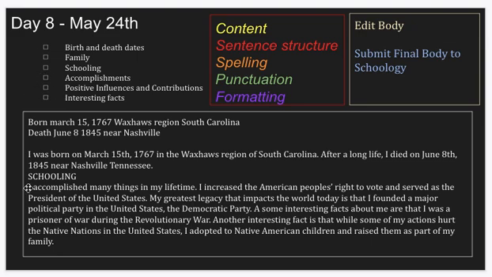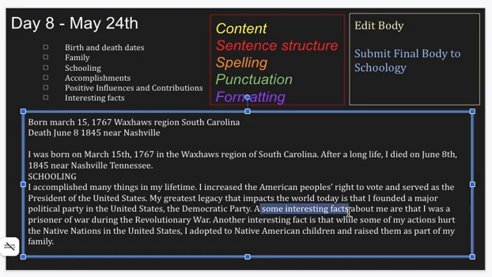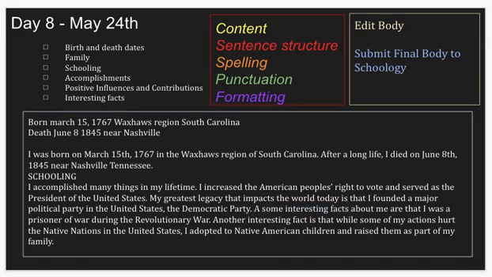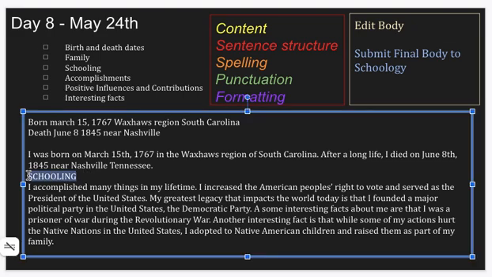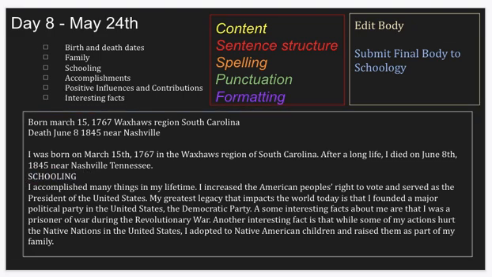Yep, I've got some accomplishments written right down here. Legacy. Yep, I see I talked about his contributions and his legacy. And then I've got interesting facts at the bottom. So now I'm done with editing for content. I've made sure that I have everything I need in my writing, and I made a note that I'm going to have to go back and find more information about his schooling.